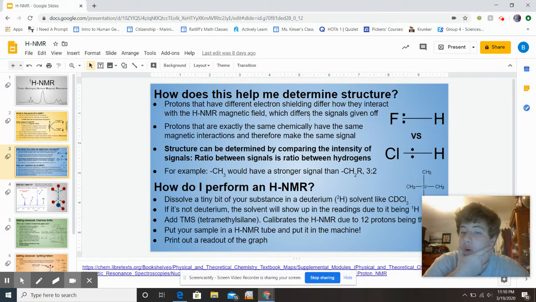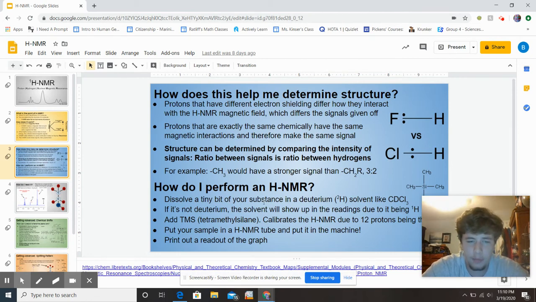So if you look at fluorine and chlorine, fluorine has more, or I'm sorry, fluorine has more electronegativity, which lessens the electron shielding on hydrogen, which means that hydrogen will feel the magnetic field generated by the instrument more, so it will change where it shows up versus chlorine.